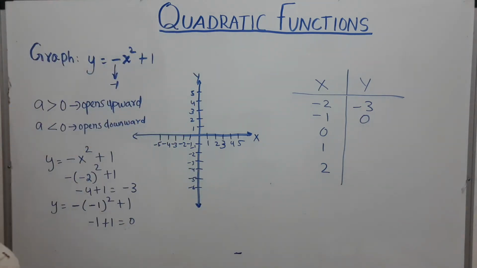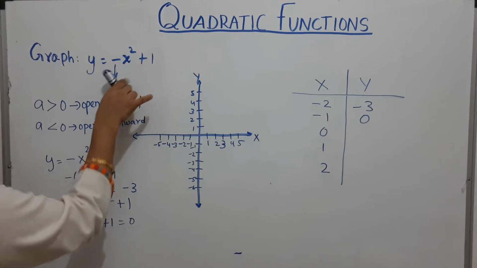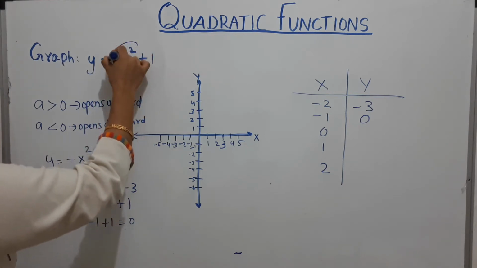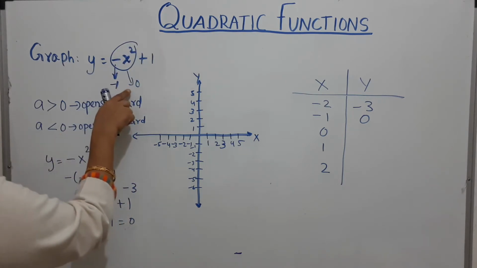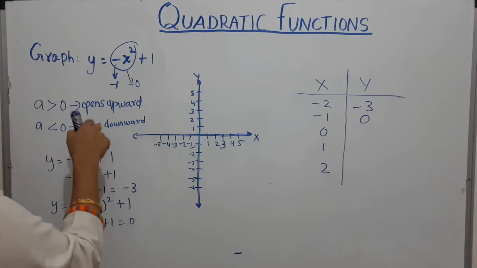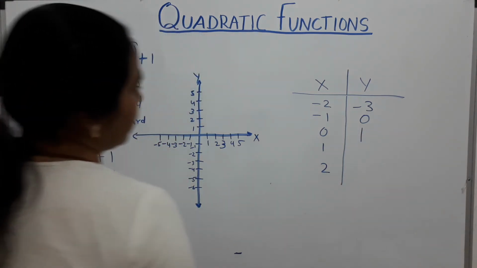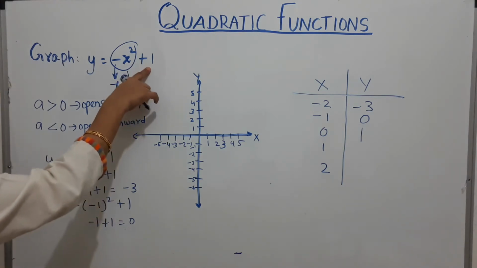And now for x is equal to 0, when you are substituting x is equal to 0, the whole x square term will be gone. So y is equal to 1. The value of y will be just 1 because the x term is cancelled when we substitute x as 0. So only 1 will be left.